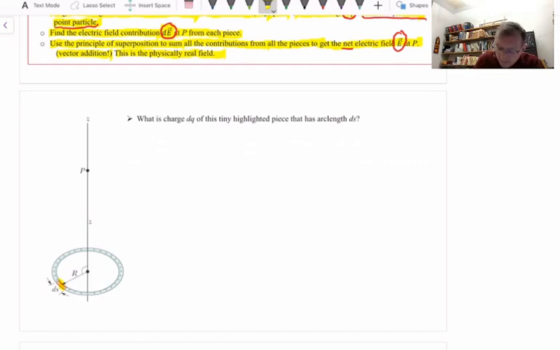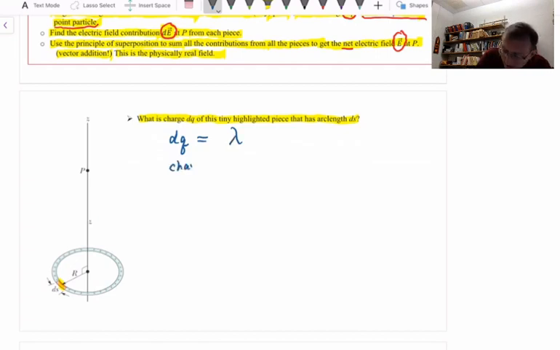Here's the first question. What is the charge dq of this tiny highlighted piece that has arc length ds? Now, it's going to be symbolic. There's not a number here. How much charge dq does that little piece have? Here's the key thing to remember. This ring has a linear charge density lambda.